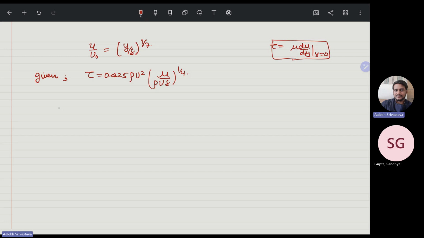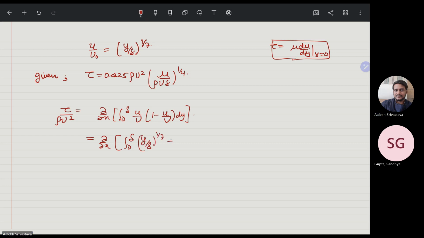Now just simply applying the von Karman equation, it says del by del x of integral 0 to delta of small u by capital U into 1 minus small u by capital U dy. Now small u by capital U is y by delta raised to the power 1 by 7, so the integral from 0 to delta of y by delta raised to 1 by 7 times 1 minus y by delta raised to 1 by 7 dy.